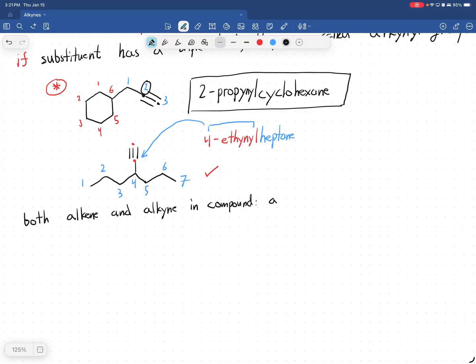So we combine the two names, alkene and alkyne. You have two situations. You can either number from the end closest to the alkene or alkyne.